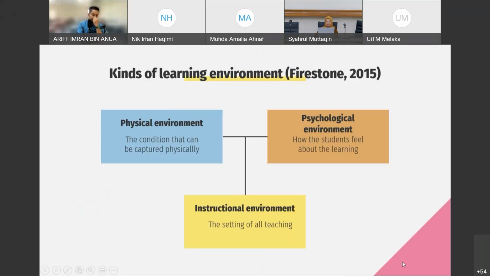Kinds of learning environment involve the physical environment, the condition that can be captured physically, and then psychological environment, which shows how the students feel about the learning, and then instructional environment, which is the setting of all the teaching. Ladies and gentlemen, we will come through these kinds of learning environment one by one.